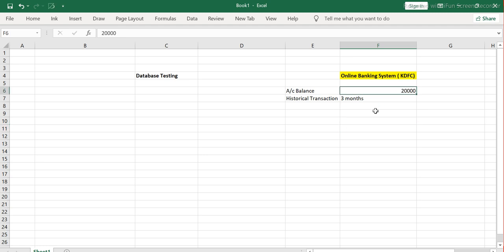And here if I see, there are some transactions: historical transactions, maybe some withdrawals and deposits. There are some figures here, guys, some numbers. I don't want to go into that detail.